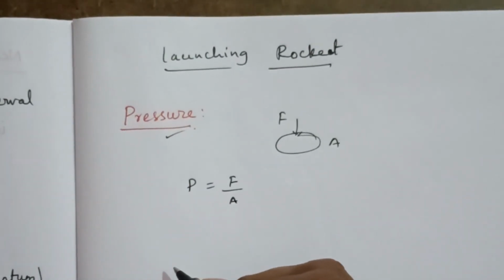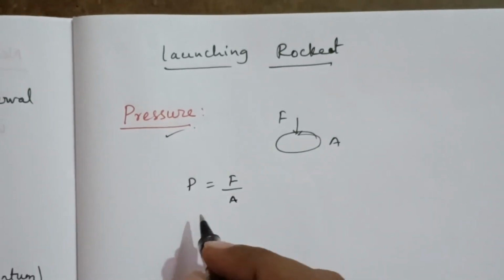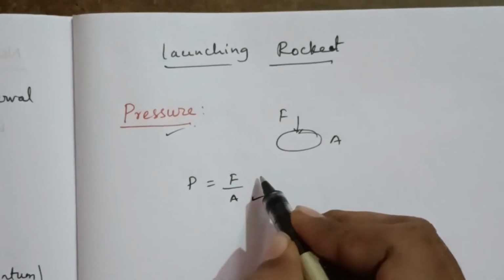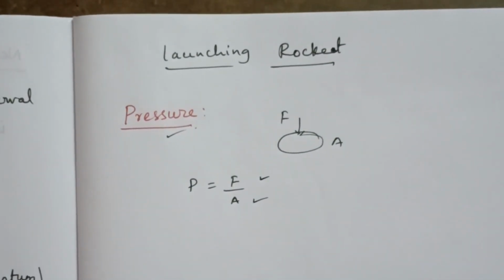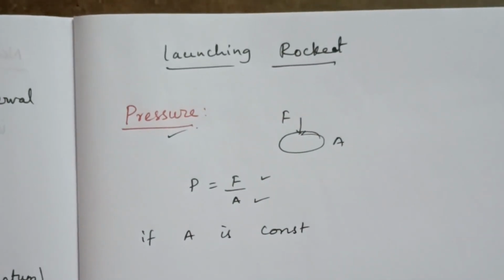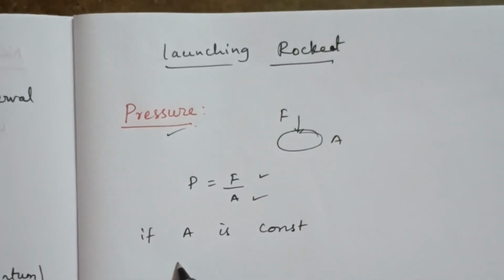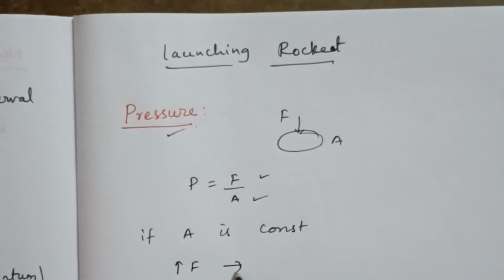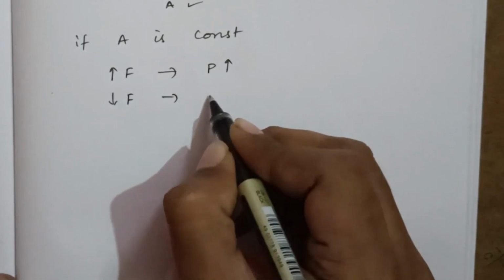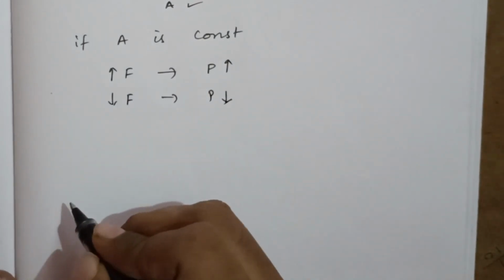Here we can change the pressure by changing the area or by changing the force. If area is constant, the more force you apply, the more the pressure increases. If you apply less force, pressure will be less.